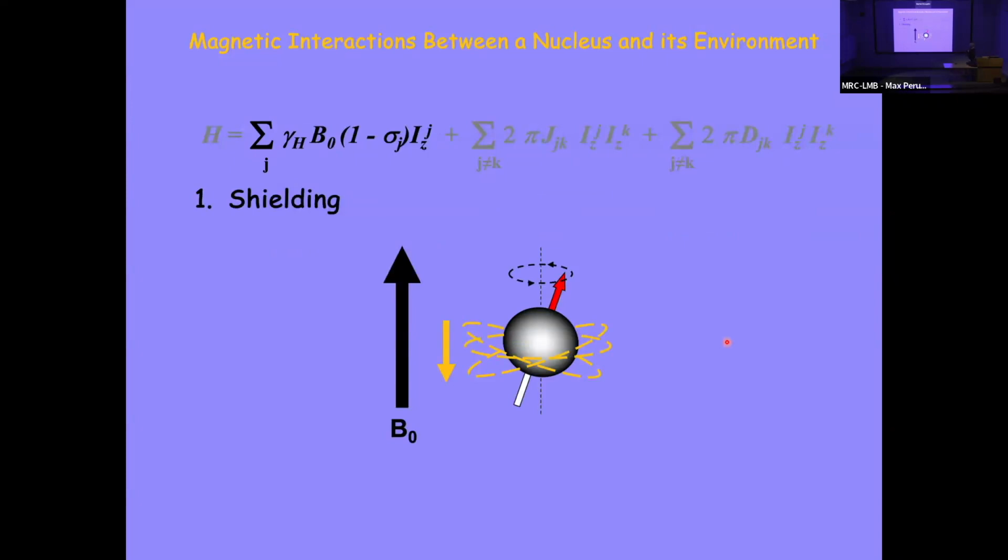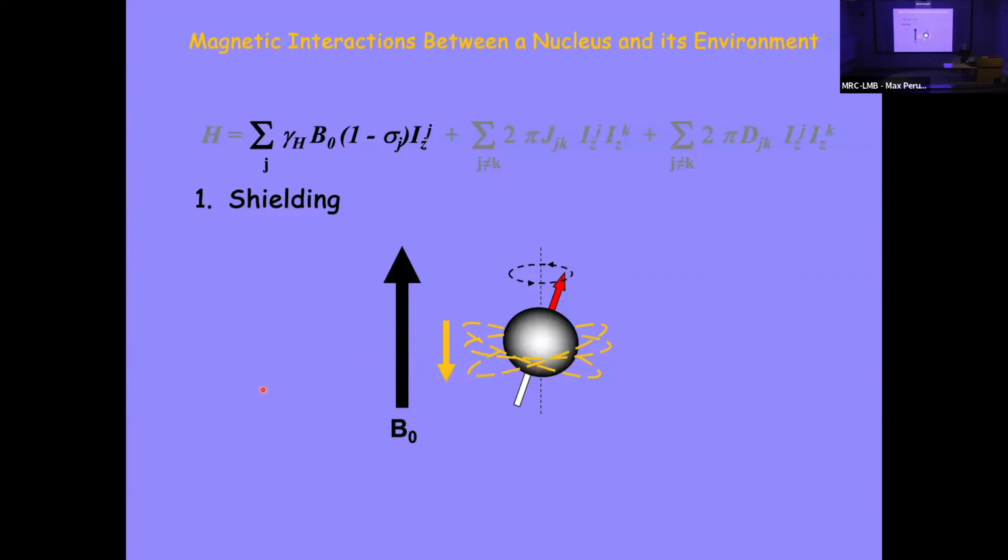So the first of them is referred to as shielding. What it means is we have a cloud of electrons, not drawn to scale, and an atomic nucleus with its nuclear dipole, and a cloud of electrons circulating around the outside. That circulation of electrons around the nucleus always produces a magnetic field of its own that opposes the applied magnetic field.